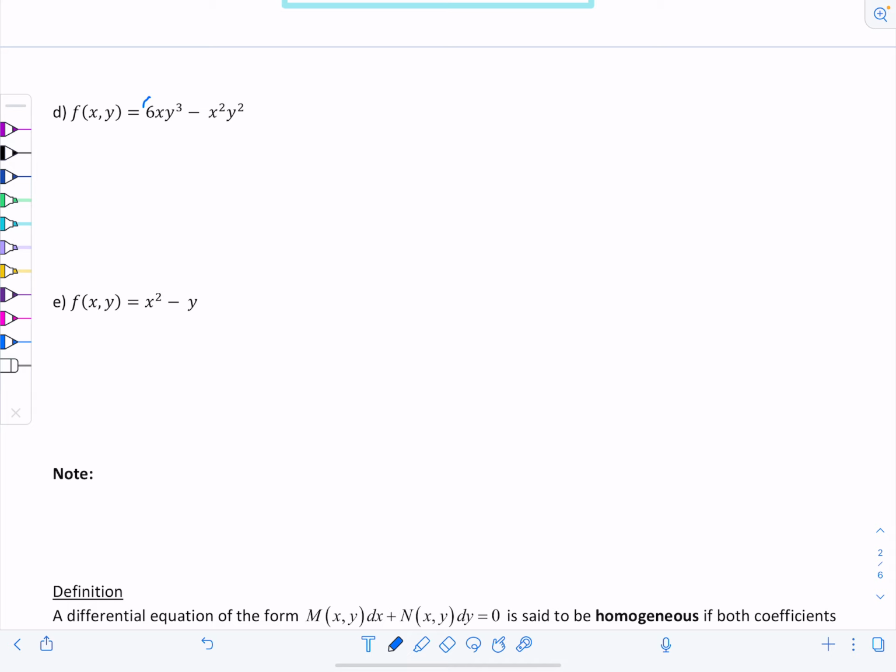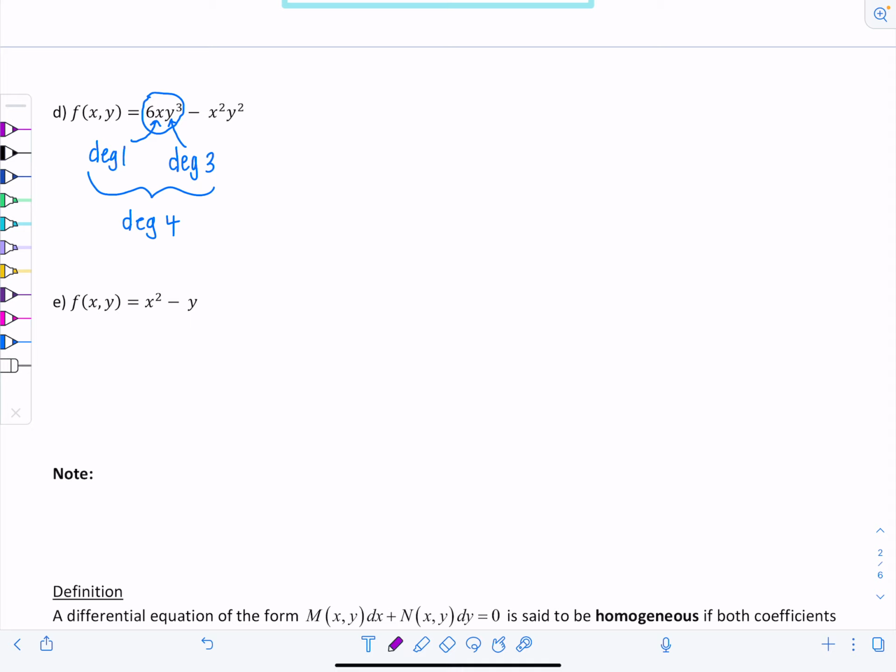So look at the first term, 6xy cubed. Think back to your algebra or pre-calc days. So the power on x is 1, so it's degree 1. The power on y is 3, so it's degree 3. And we say overall this term is degree 4, right? If you add up all of the powers on the variables, all the exponents on the variables.